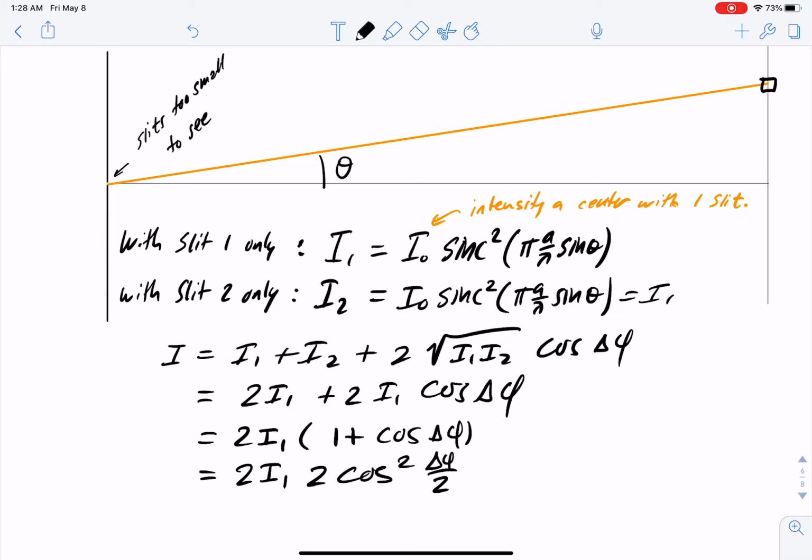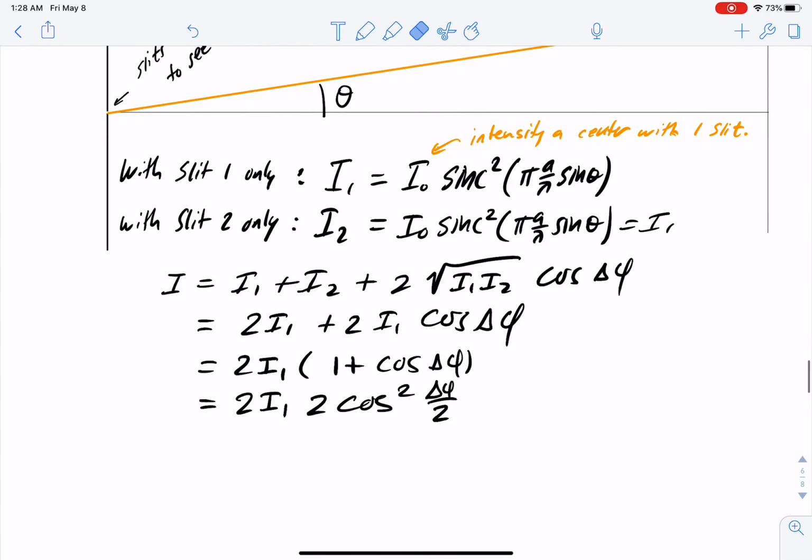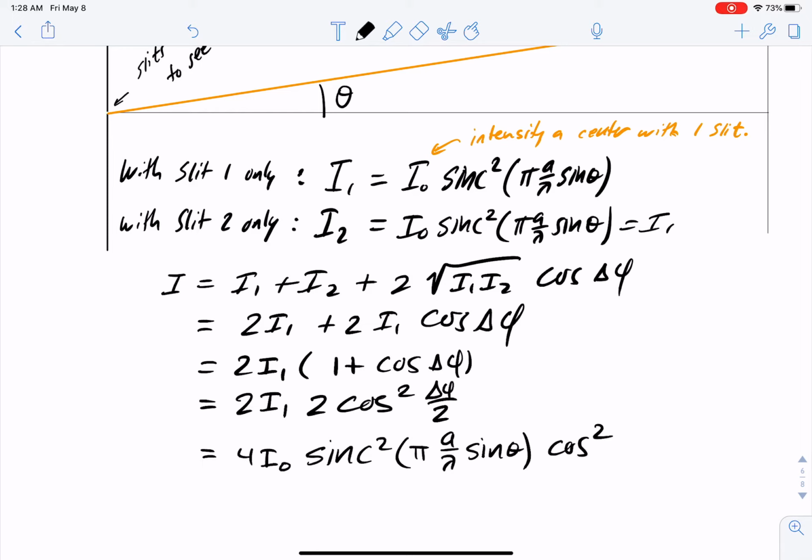So now if we put in what the intensity is at that angle, we end up with, ran out of room here, and then the cosine squared delta phi over 2.